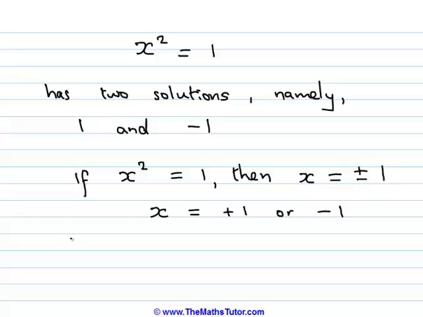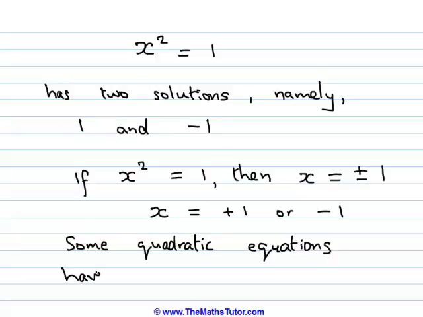So we found out that some quadratic equations have two different solutions. This is different from linear equations, which only have one solution.